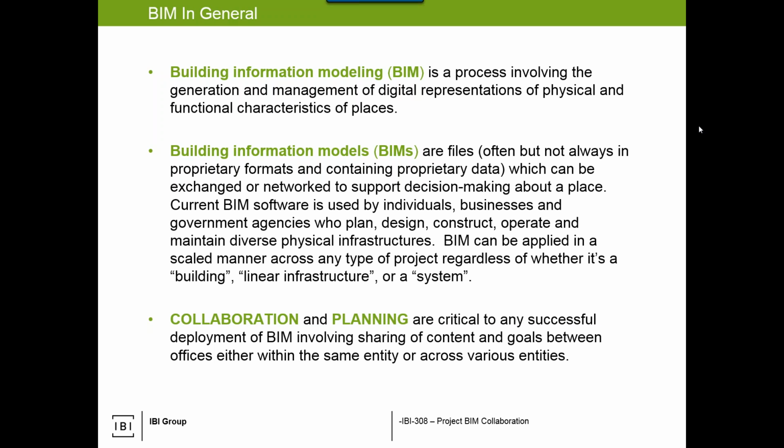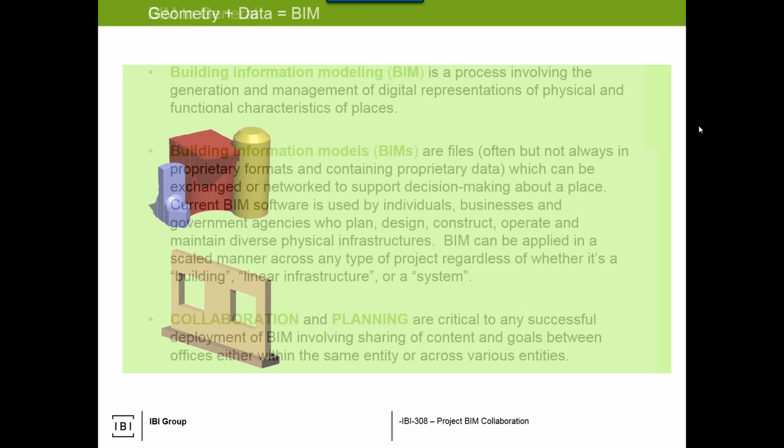Collaboration and planning are incredibly critical to the success of any deployment of BIM and CAD for that matter. And this session is the collaboration session. The next session is going to be focusing on the planning aspect of that.